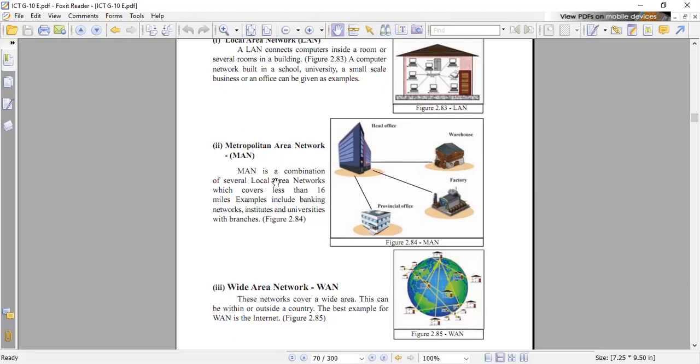This type of network has spread within a city area, less than 16 kilometers.